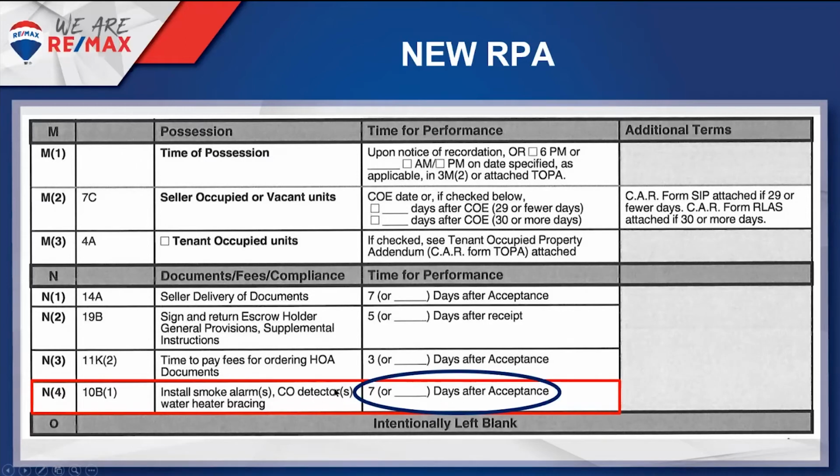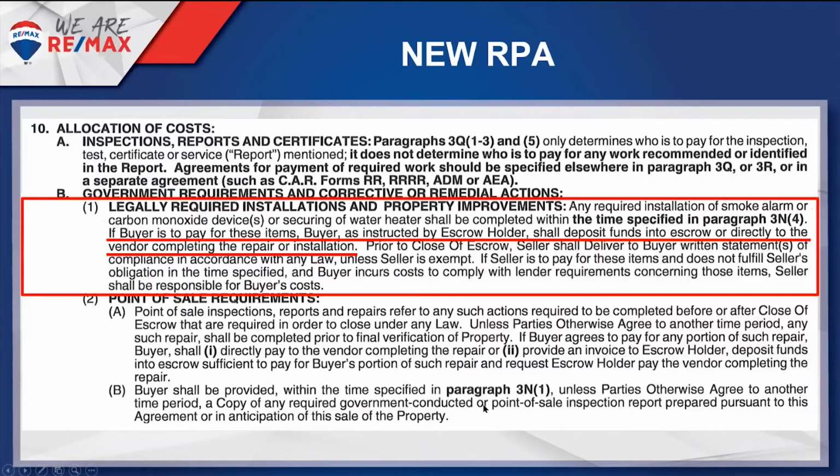It has to be completed by transfer of the property. The seller has to certify that the water heater is strapped and that the smoke alarms and the carbon dioxide detectors, not monoxide, but carbon dioxide detectors are in fact installed.